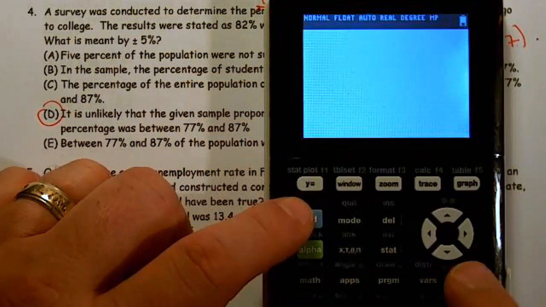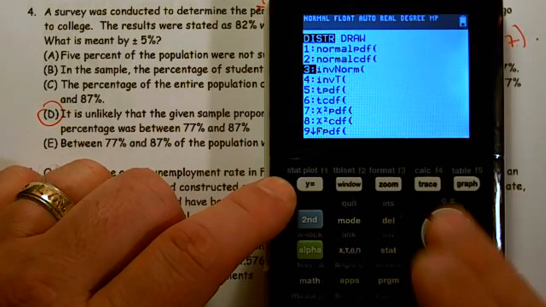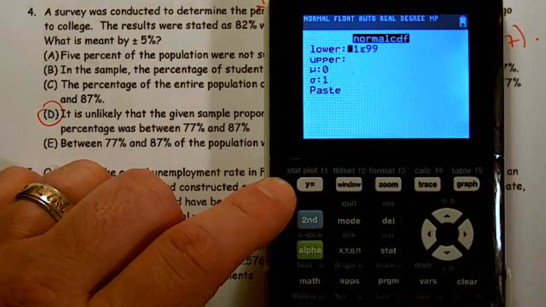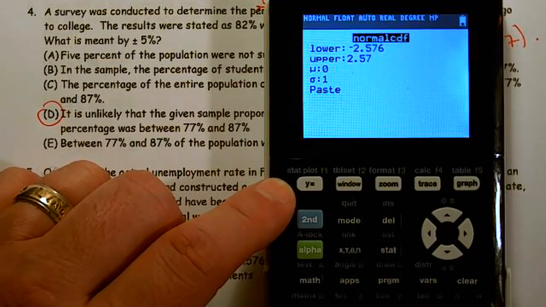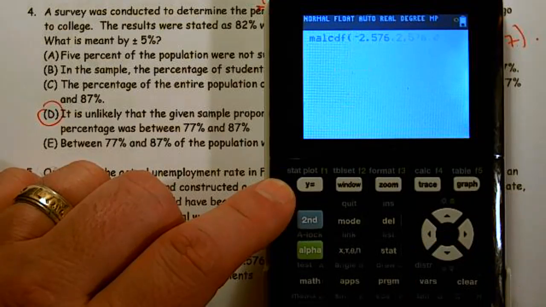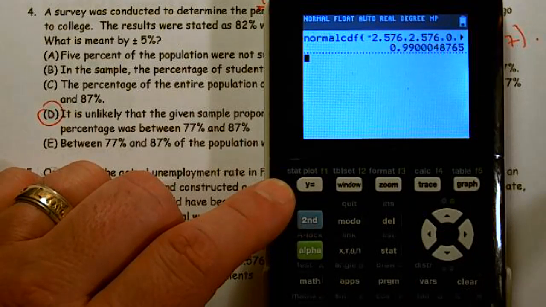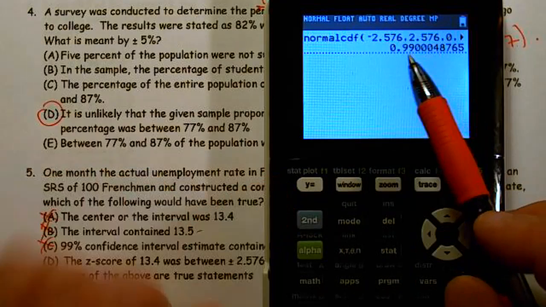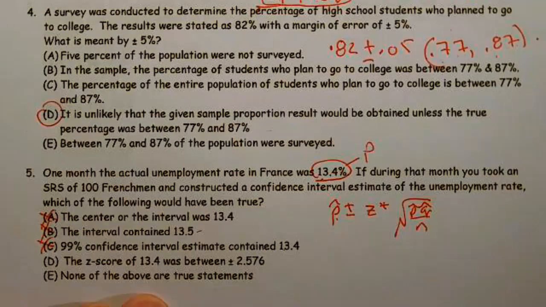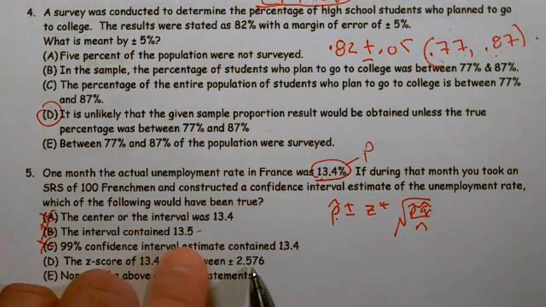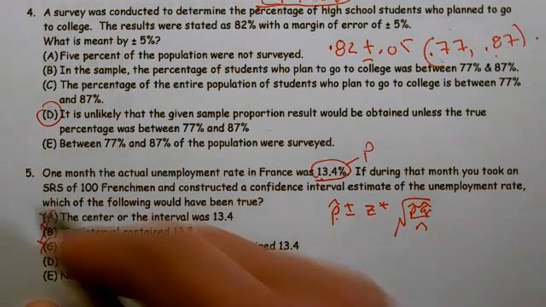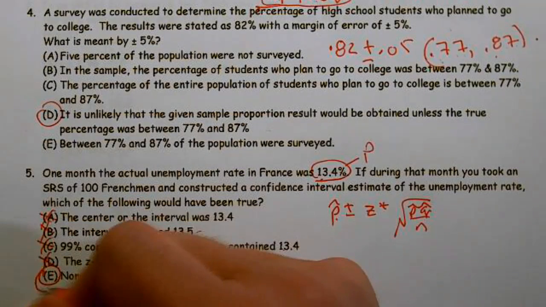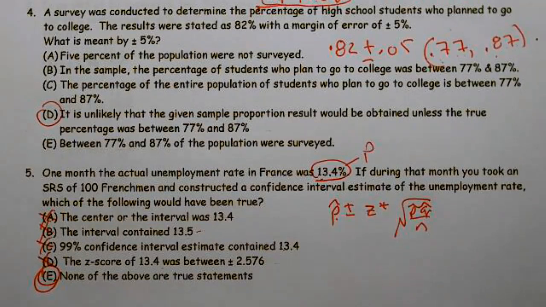Basically, if we take second vars normal CDF and we put negative 2.576, upper 2.576, mean of 0, standard deviation of 1, because it was a z-score, we're like, oh, there's a 99% chance that it was in there. The z-score of 13.4 was between this. No, there's a 99% chance that it's in there, but we're not assured of it. So in this case, none of these are true statements.